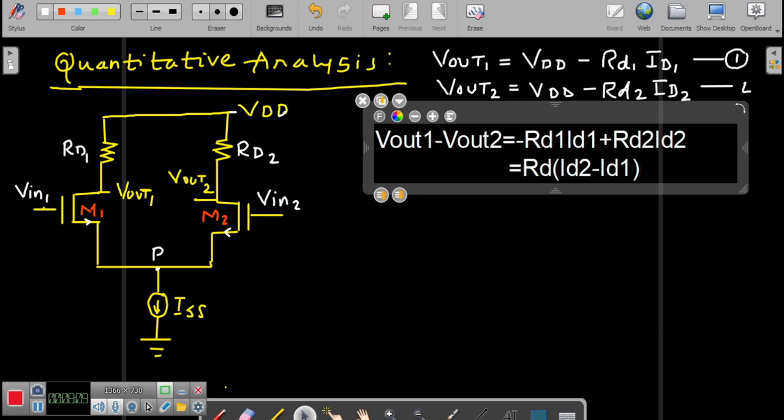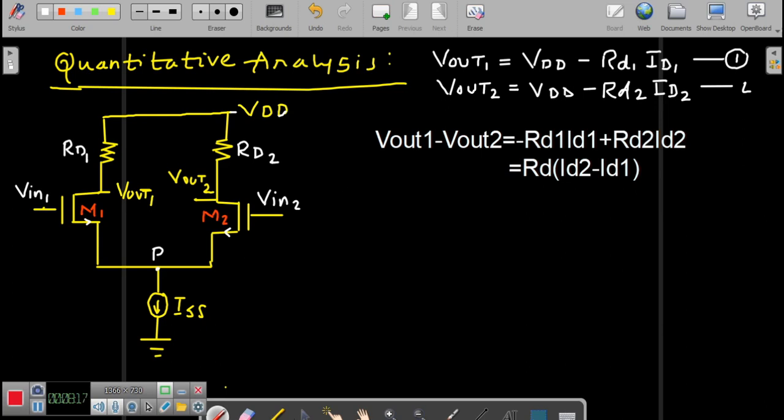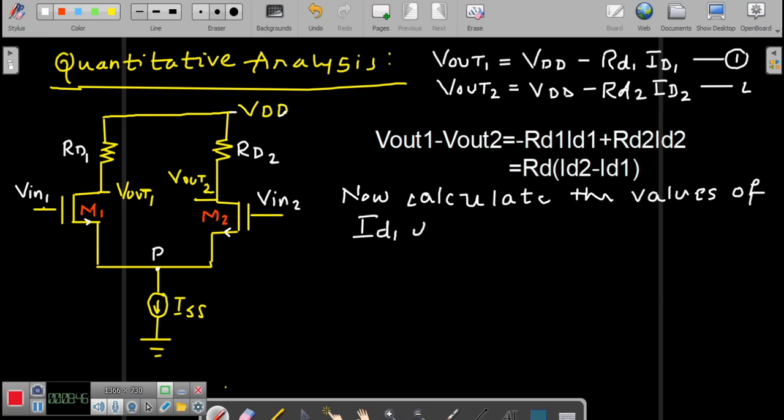Now we will have to calculate the values of ID1 and ID2 in terms of Vin1 and Vin2.